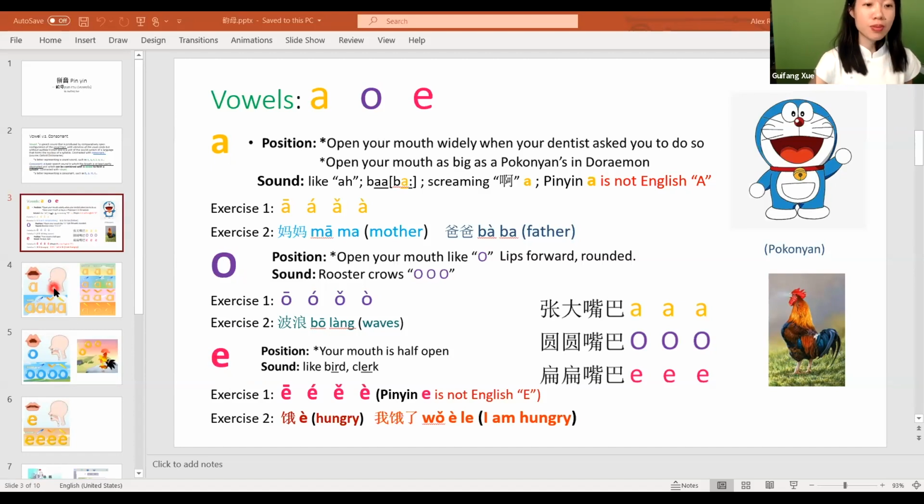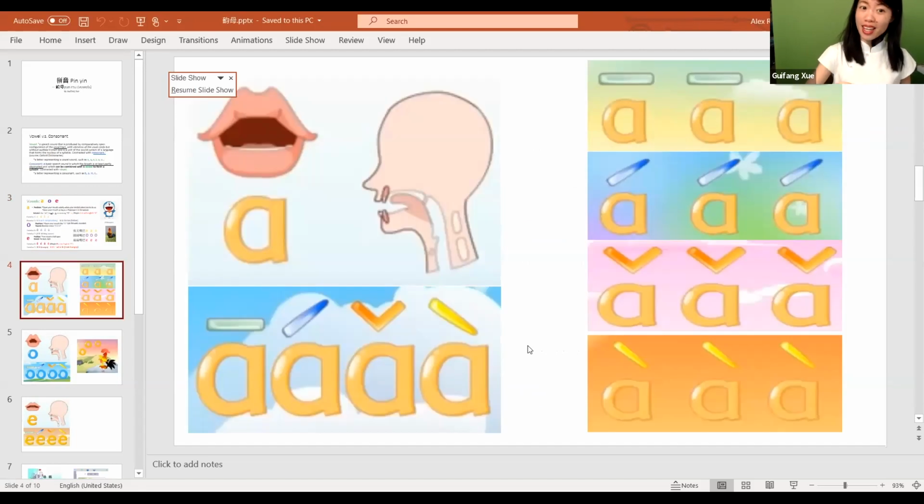Good. Now let's practice the tones. Read after me. The first tone. The second tone, it goes up. Good. And then the third tone, use your body language to help you. Or if you are not comfortable moving your body, you can move your head.